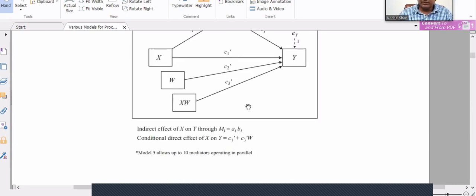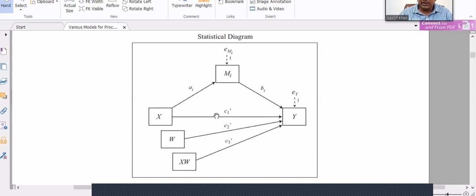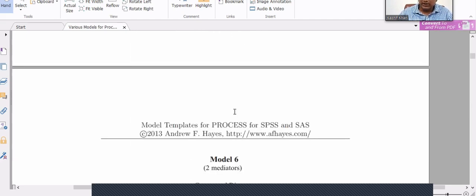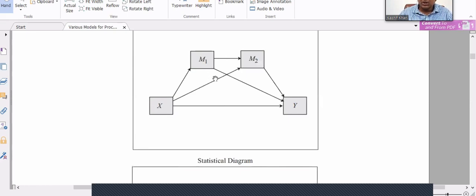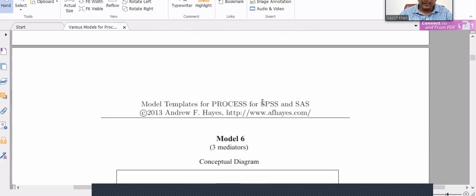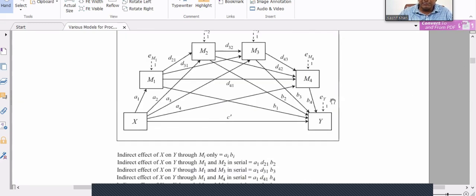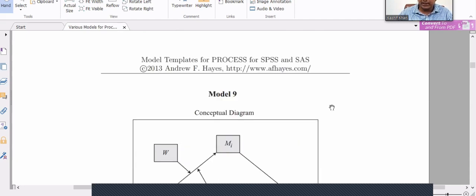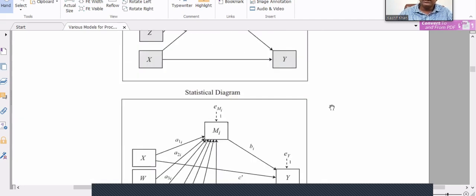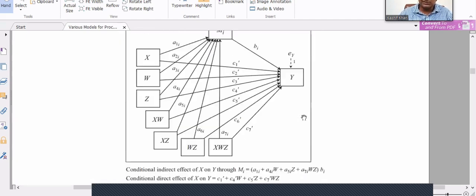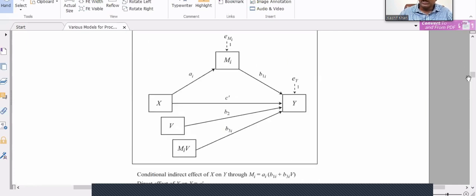This is the way they are statistically showing the model, so you should be focusing just on this. What if you have serial mediation, 2 mediators going on? What if you have this type of model? Altogether, there are many models. I obviously can't go through all these models, but you just need to select your model accordingly.